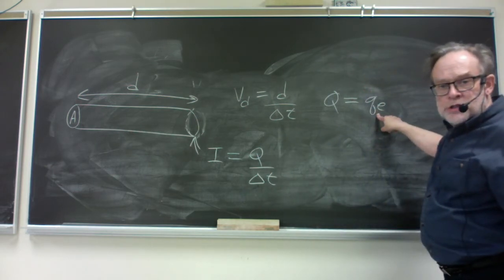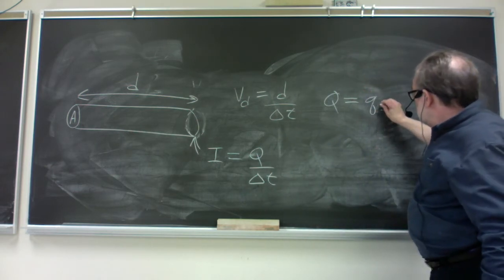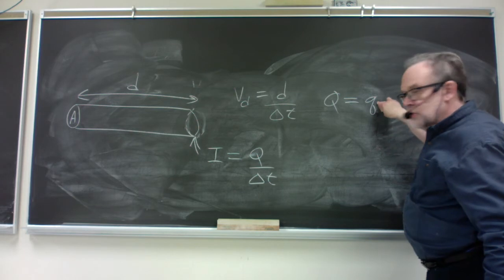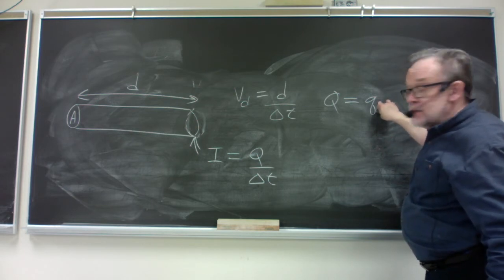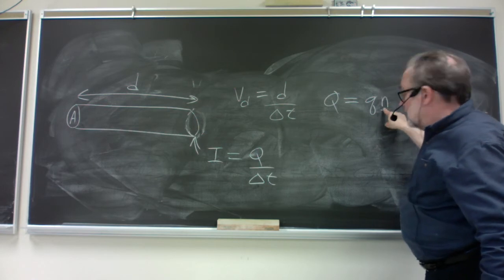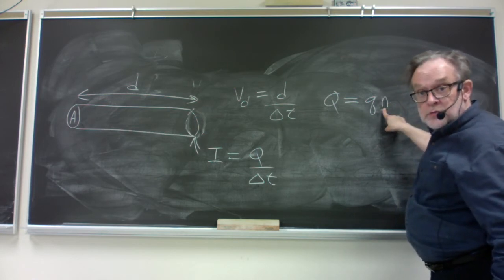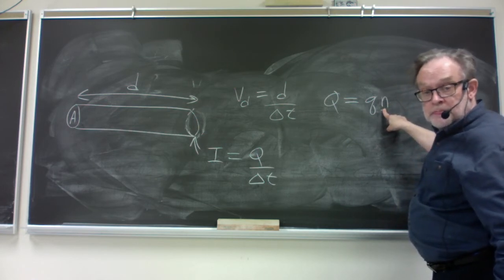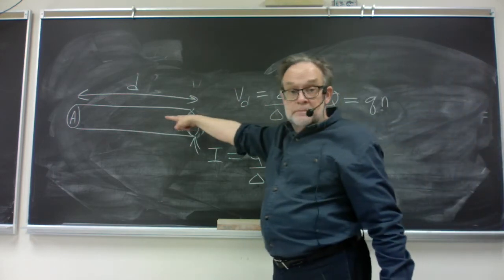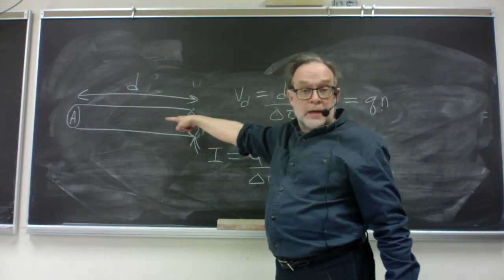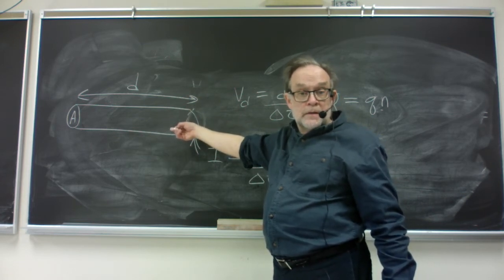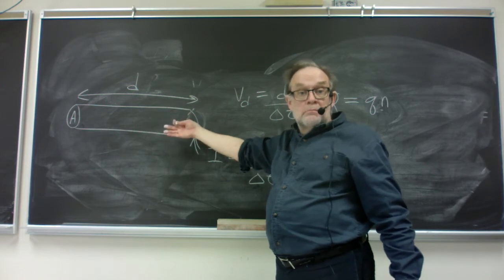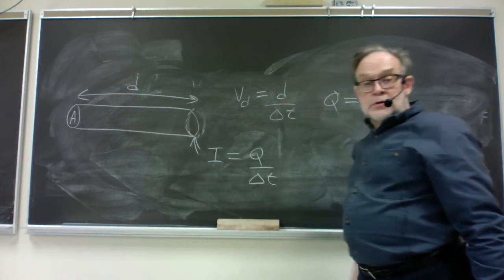First, the charge per particle, times the density of available particles. Not every atom or molecule in this length will become part of the current. Some fraction will.